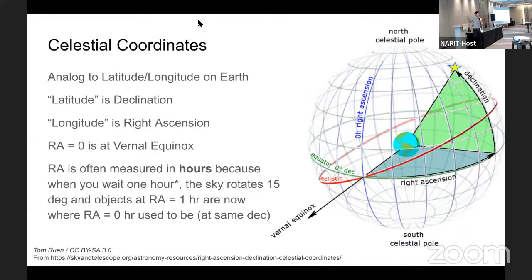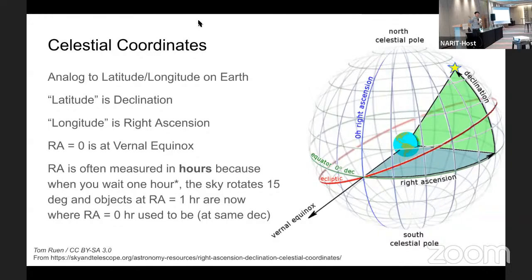RA is a little bit weird. If you have noticed, it's measured in hours. Sometimes it can also be measured in degrees. And it is measured in hours because RA is the direction in which stars travel when the Earth rotates. If you wait an hour and the Earth rotates 15 degrees, the stars that are at the same place you were looking at before are now the stars with RA 1 hour more than the stars that used to be there.